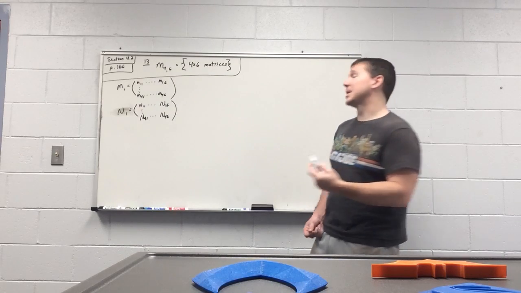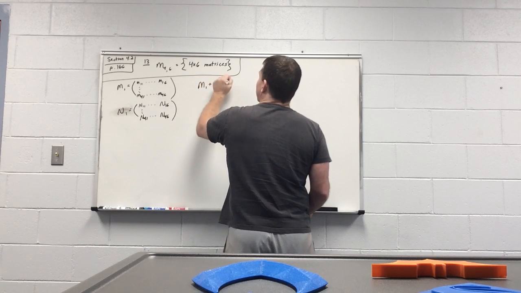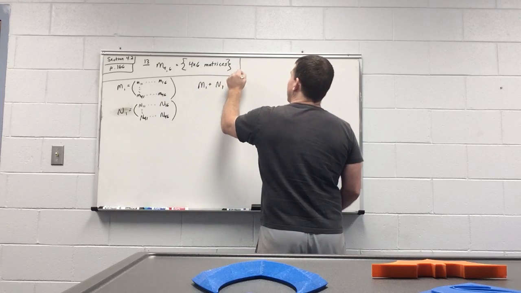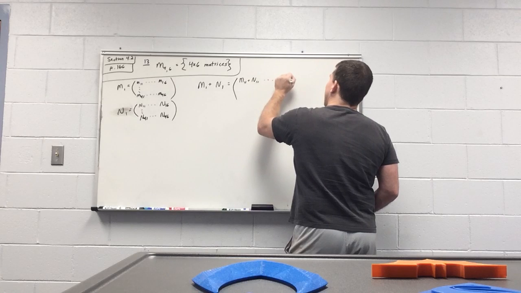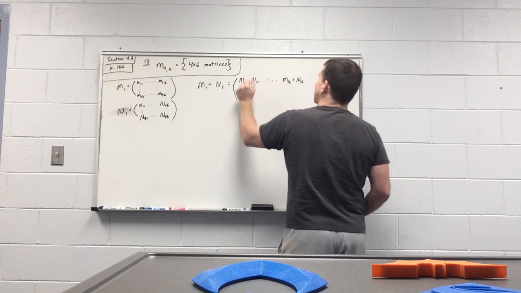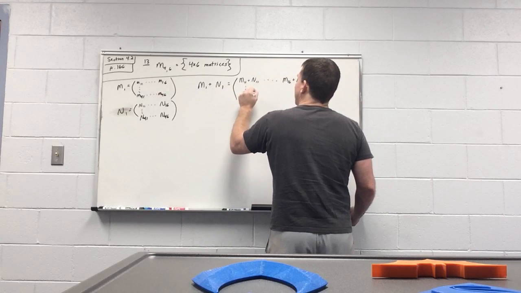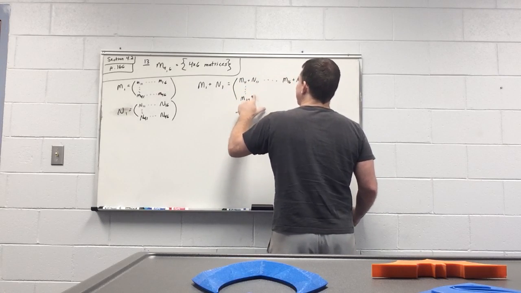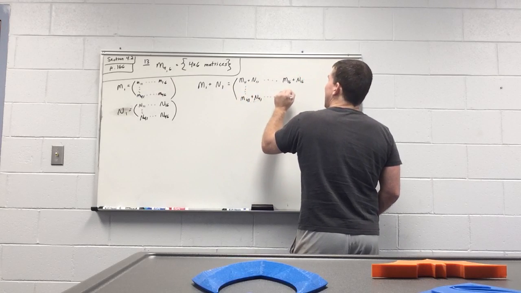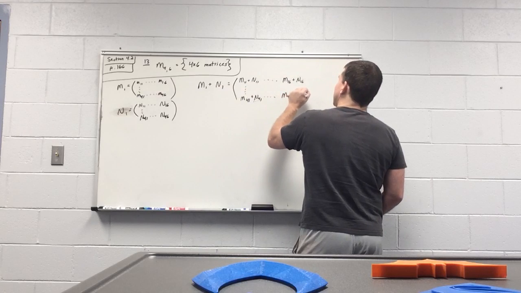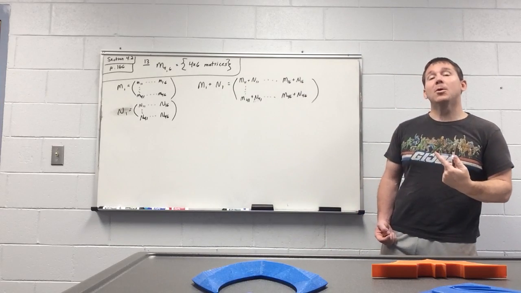I need to know if it's closed under addition. So what is M1 plus N1? That's equal to M11 plus N11 over to M16 plus N16, down to M41 plus N41 over to M46 plus N46, because all we do is add component-wise.